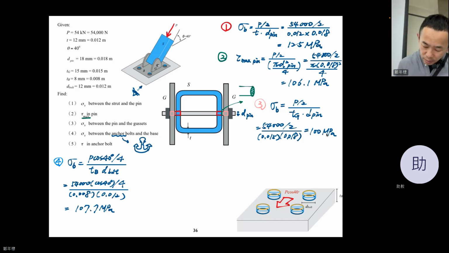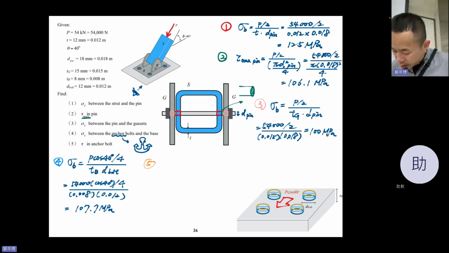The fifth one said we are going to determine tau in anchor bolt. Okay, so you can imagine that the force has p cosine 40 degree in that direction, right? And then the force will flow parallel to a certain area through the anchor bolts, right?